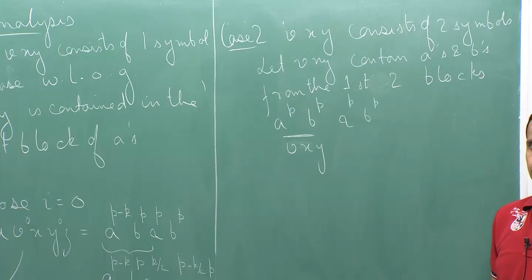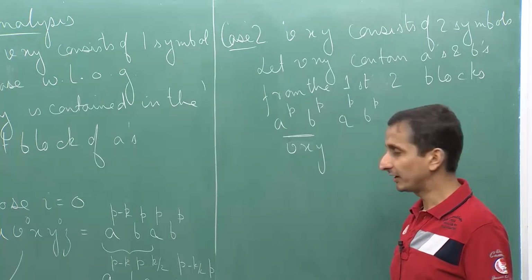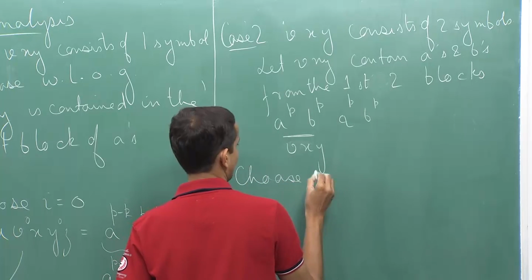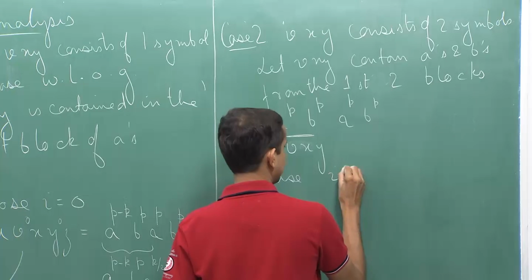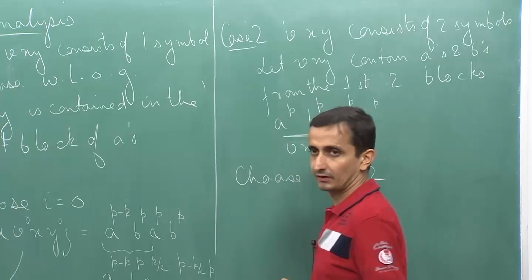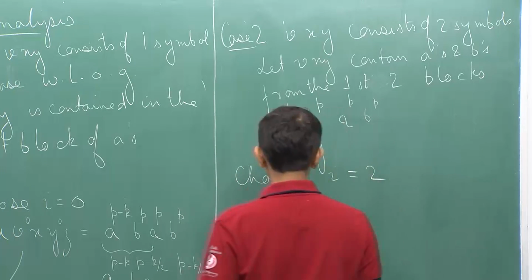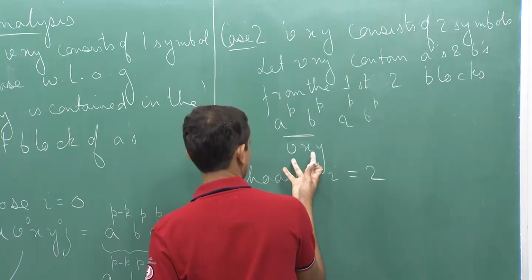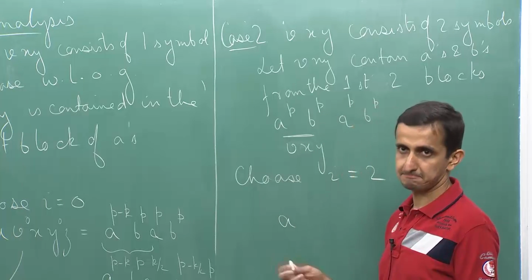So, if Vxy comes from this region, now what I will choose is that I will choose i equal to 2, okay. And what that would give me is that, V and Y can be anything.